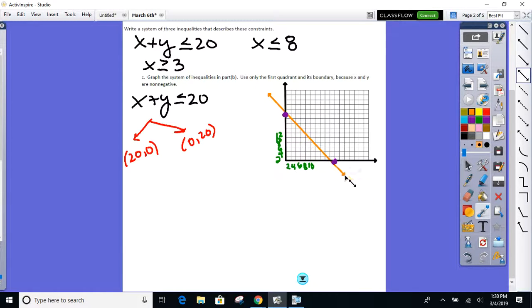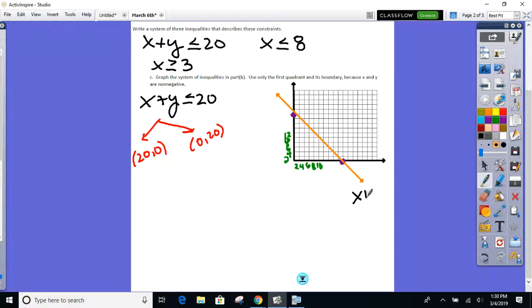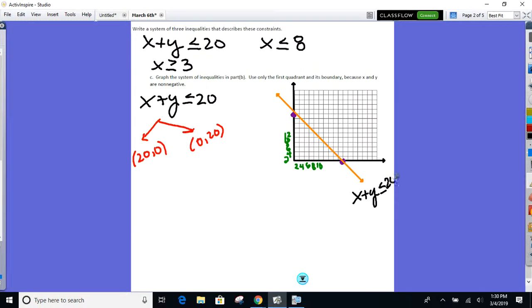Label. And then keep in mind, where would I shade here? 0, 0. Is that going to work? Yep, so I would shade below. So keep that in mind. I'm going to shade below.